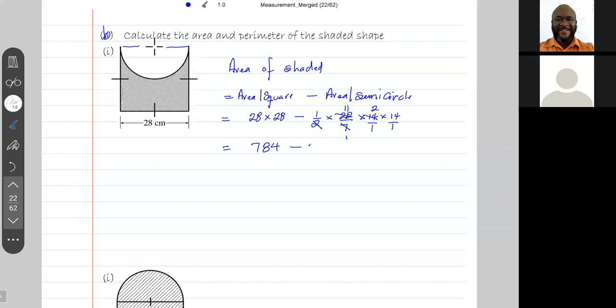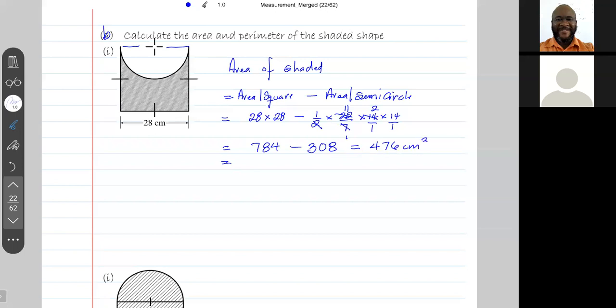This is 308. And when we subtract, we get the area of the shaded region as 476 centimeters squared.